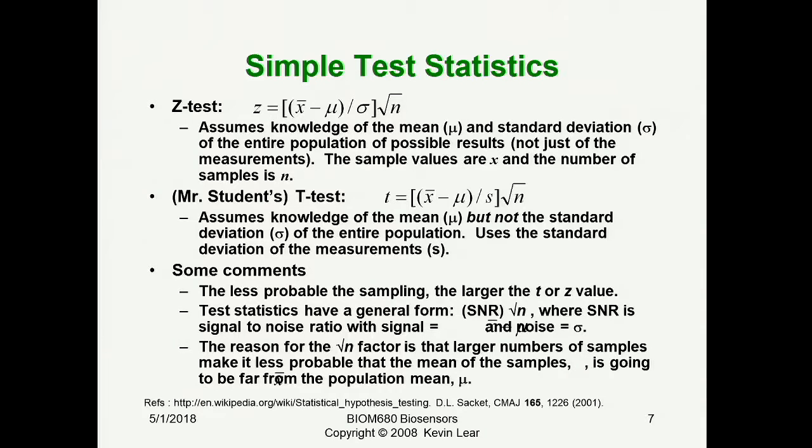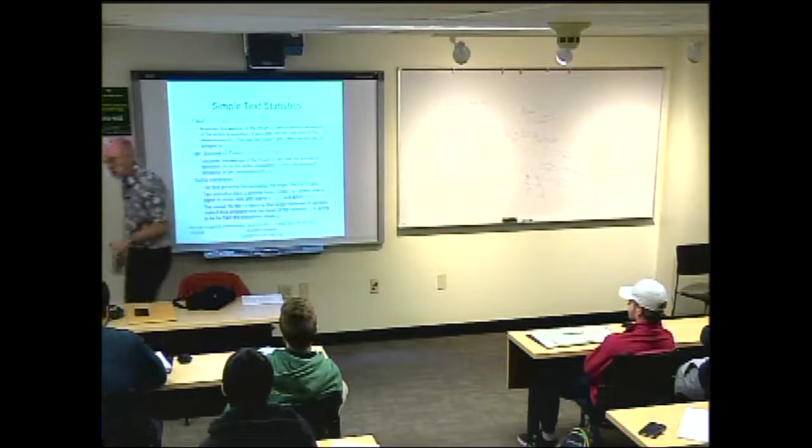And it's a function of how far apart the two mean values are for these, and also what the standard deviation of each one of these is. And depending on how far the means are separated compared to the sum of the squares of the standard deviations, you can figure out what the probability is that you're statistically significant. So this is obviously related to the receiver operating characteristic curve.